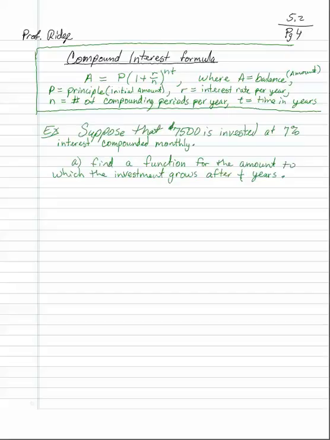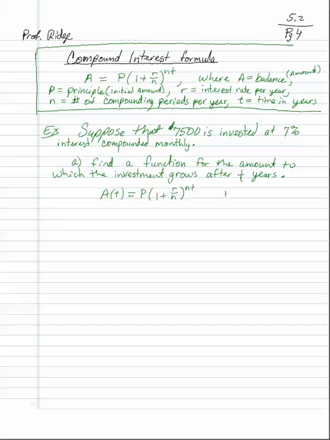Suppose that $7,500 is invested at 7% interest compounded monthly. Find a function for the amount to which the investment grows after t years. We're going to use function notation. So A of t equals the principal times 1 plus r over n to the nt.